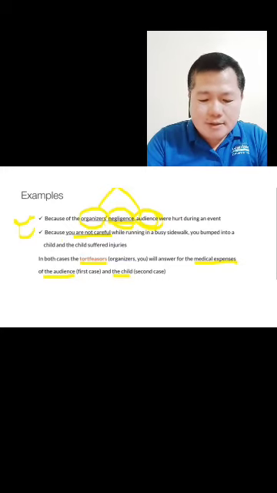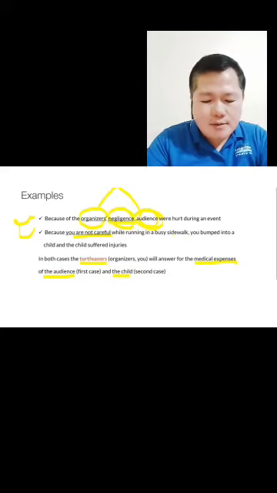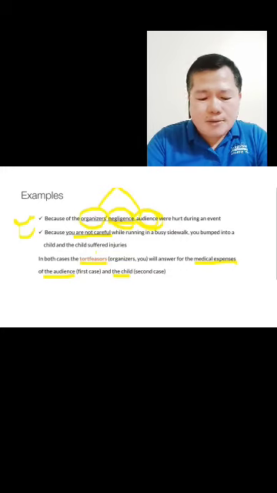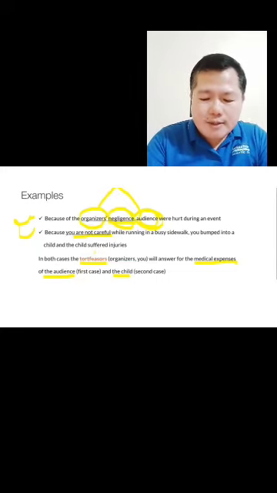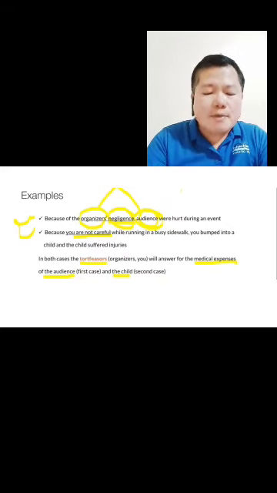The same in example number 2: you are not careful while running in a busy sidewalk, you bump into a child and he suffered injuries, then you are liable for his medical expenses because there is an element of negligence again. So our keyword again in quasi-delict is negligence or kapabayaan.